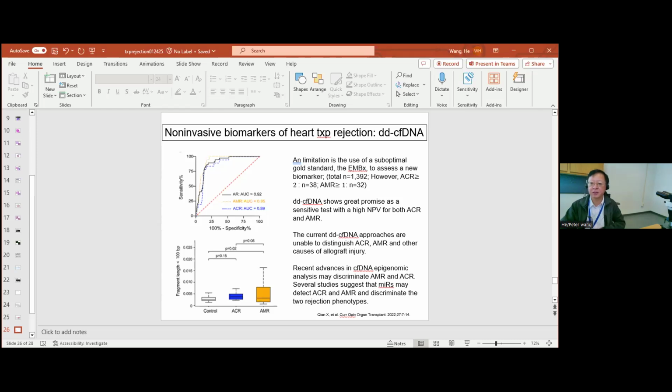As you can see here, the area under the curve is better for antibody-mediated rejection, 0.95, than cellular-mediated rejection, which is 0.89. Unfortunately, at least by then, they could not differentiate antibody-mediated versus cellular-mediated.